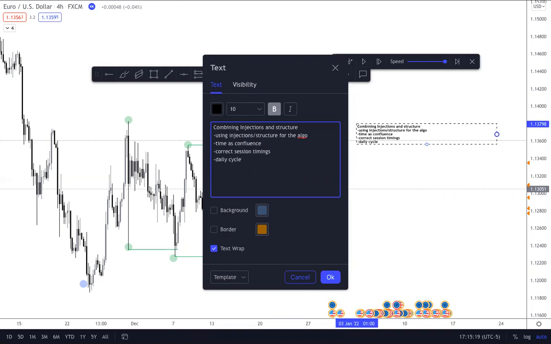I was going to put both of these in two separate videos. What I might do instead of going into the daily cycle, because I want to have a whole video on it, is keep these three for the next video. Let's focus on injections and algos so you guys don't get lost, because we're going to be combining all this together at some point anyway. So let's just focus on using injections and the structure for the algo. After that I want to move into reversals and continuations.